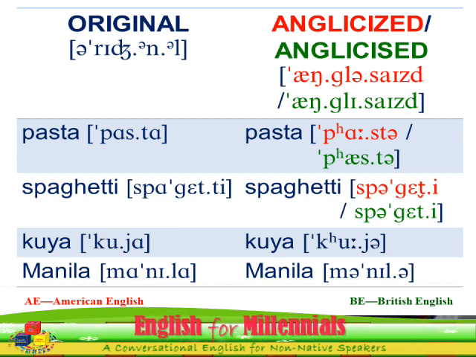Now let's try the third one from Filipino. Kuya, kuya. So each syllable has the same length of time in producing each sound. But the anglicized form is kuya.